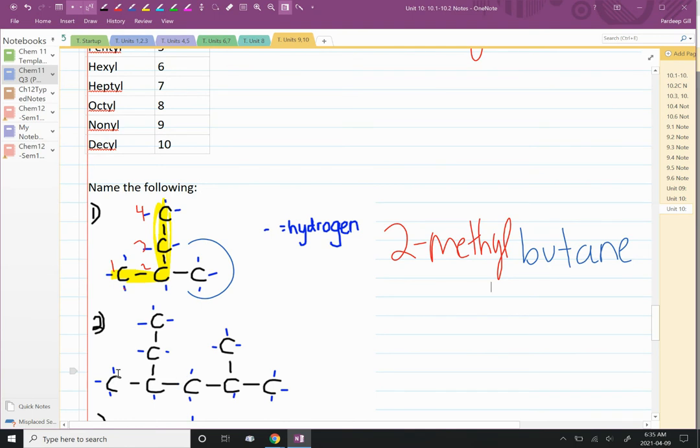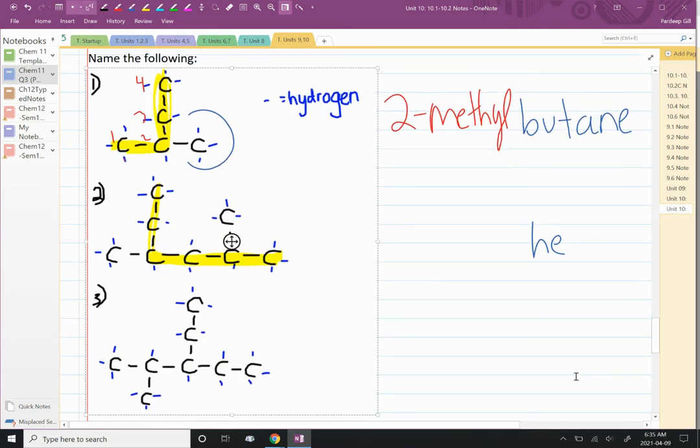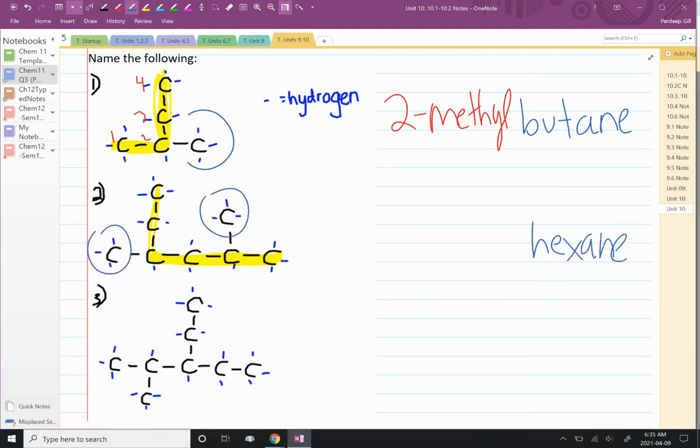All right, let's look at this one here. 1, 2, 3, 4, 5 carbons going that way, or 1, 2, 3, 4, 5, 6 carbons going up. So this is my parent chain here. So let's name the parent chain 1, 2, 3, 4, 5, 6. So it's going to be hexane. And then I circle my branches. Now here, just be careful with the numbering.